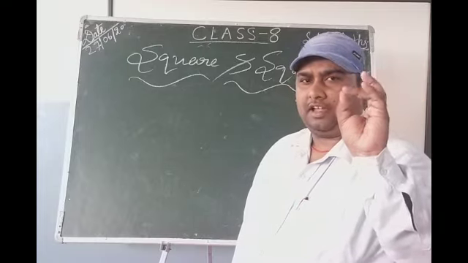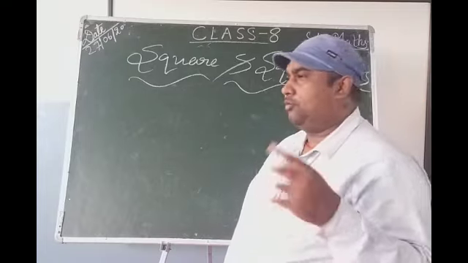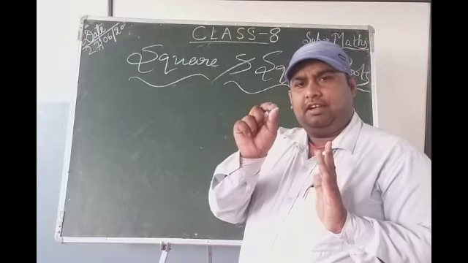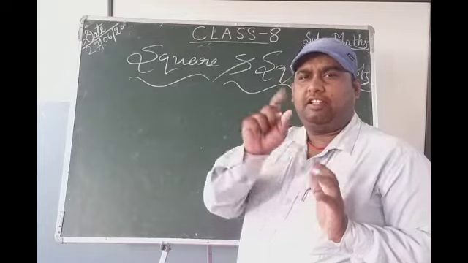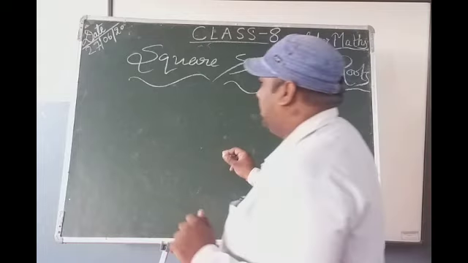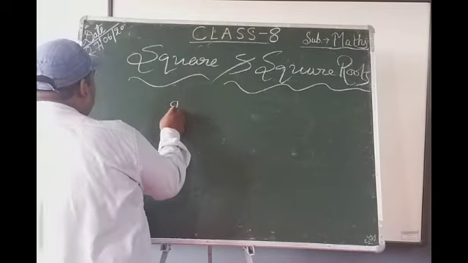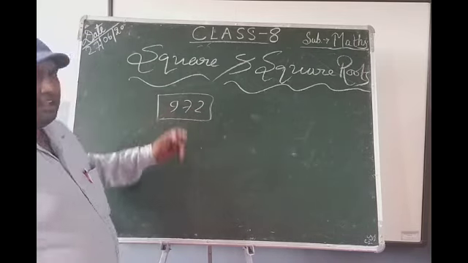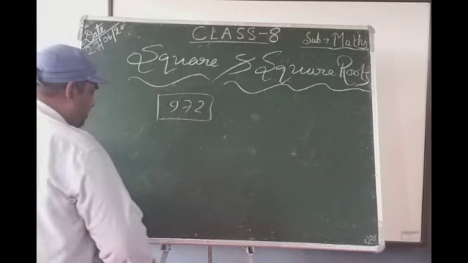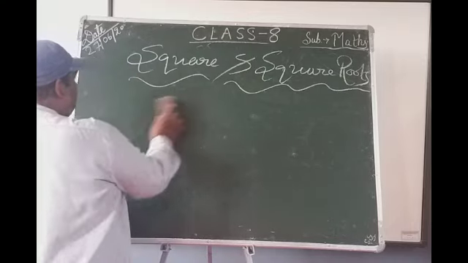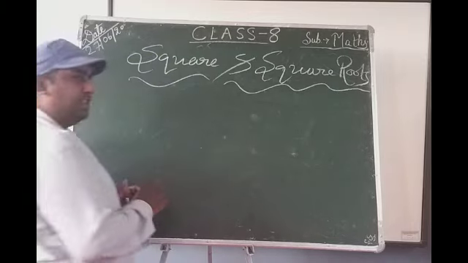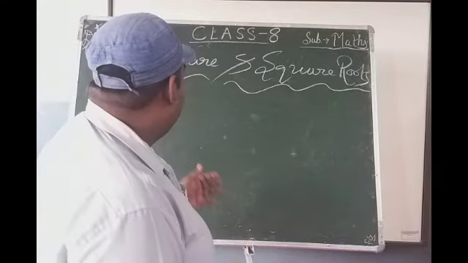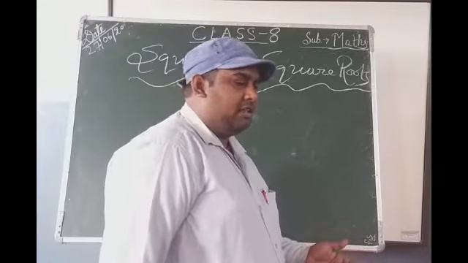Suppose we have 972. If we check, we will find that 972 is not the square of any number. So 2, 3, 7 and 8 can never be in the unit place. Now we will read some more properties in another class.